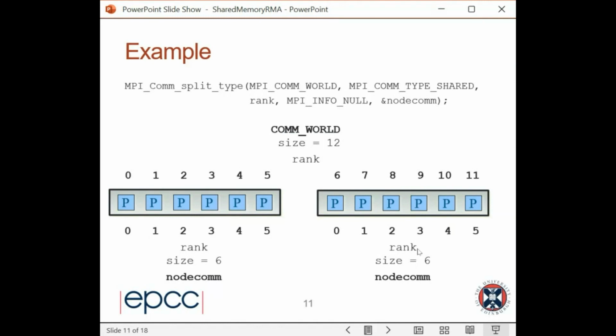And it's actually quite nice. For example, somebody mentioned I/O before. They asked how many processes on each node should do I/O. I said it should be not all of them, but maybe one or a couple. You might ask, how do I identify all the processes that are on the same node?